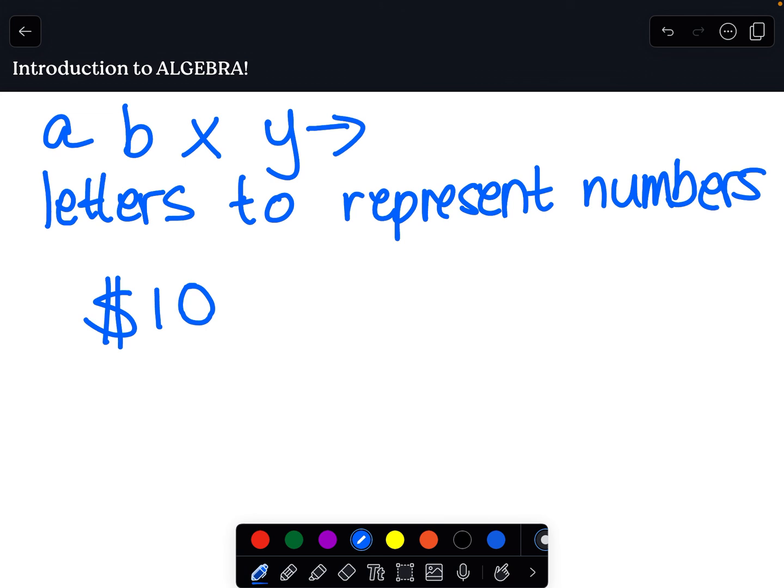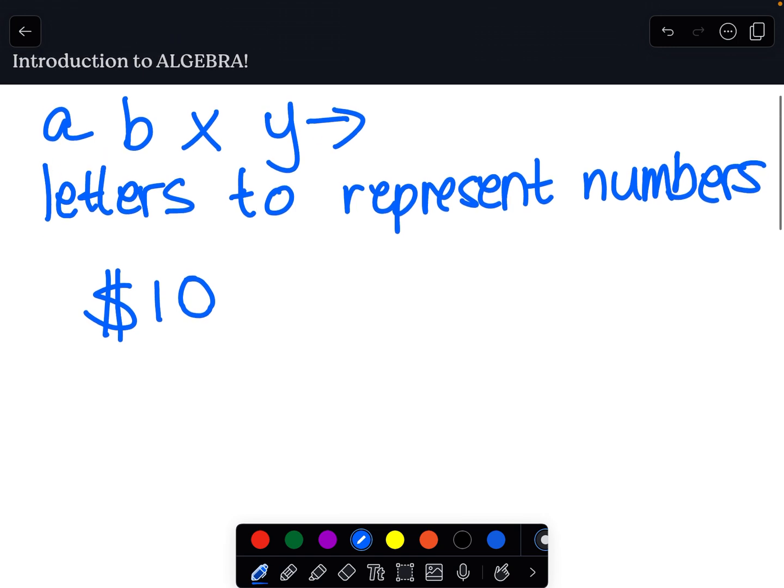Now, if I know that, then what I don't know right now is how many yards am I going to be able to work on this weekend. So what I need to know now is, how do I make $20? Because I'm saving up for, let's pretend, some Pokemon cards, okay?